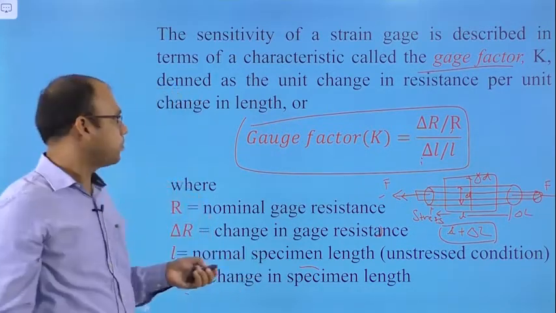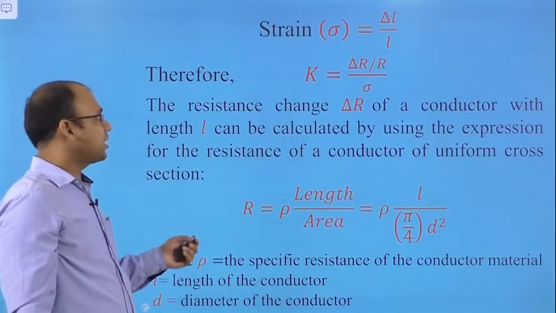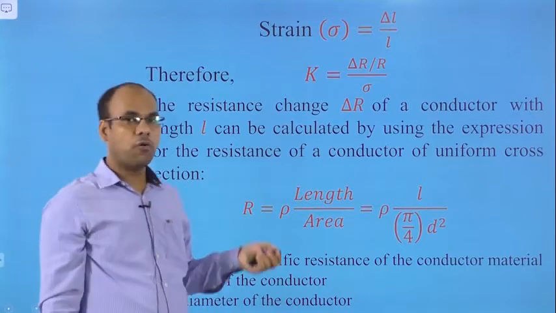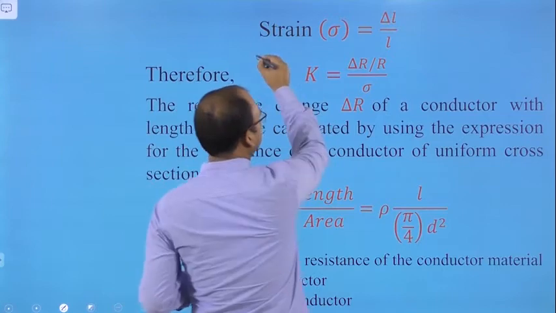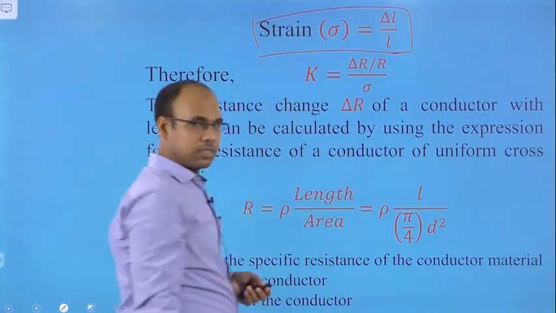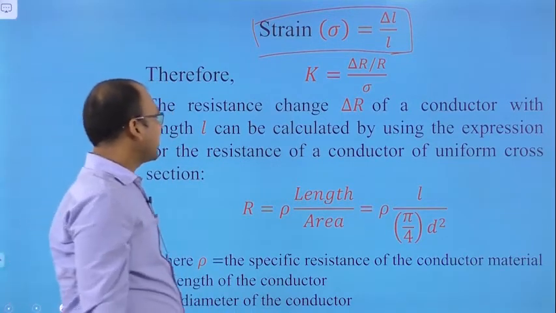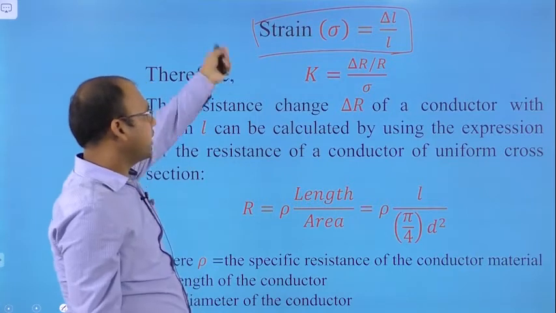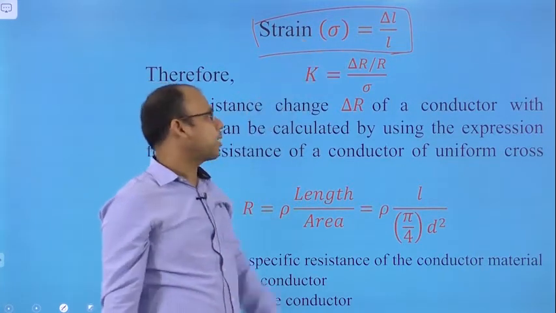Whenever the stress is applied on the conductors, and I'm talking about the strain, strain is nothing but the ratio of change in length over my complete length of the conductor, applied after a force. Strain is denoted by sigma.